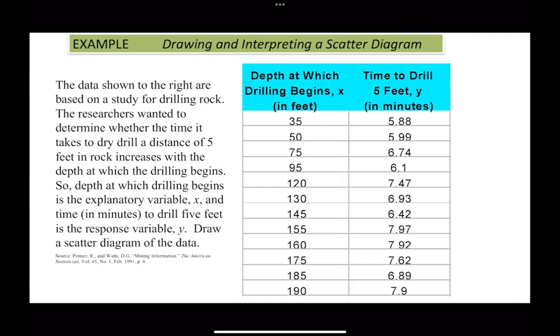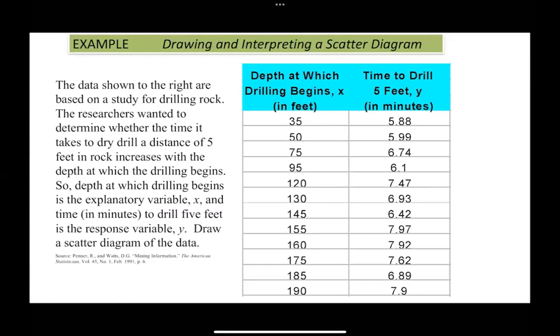If I start drilling 35 feet down, it took 5.88 minutes to drill 5 feet. When they started drilling at 50 feet down, it took them 5.99 minutes to drill 5 feet.